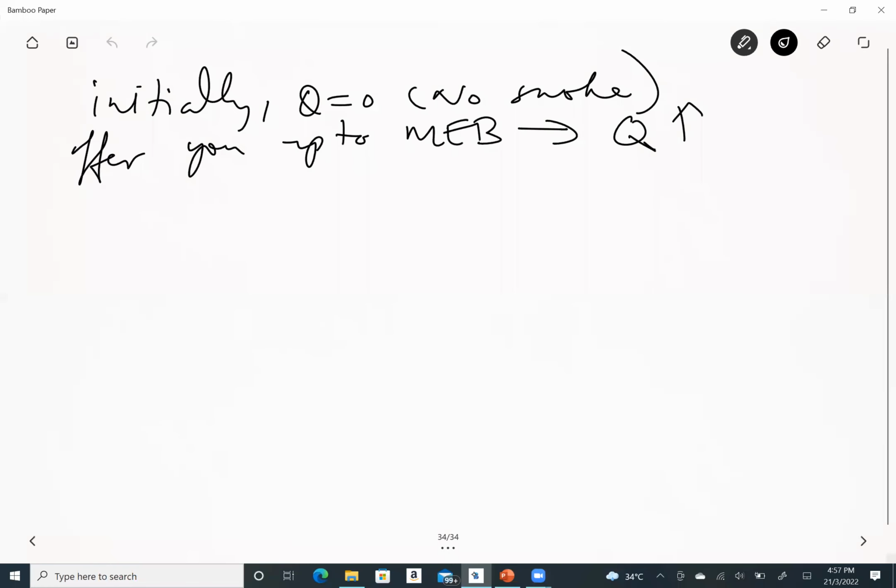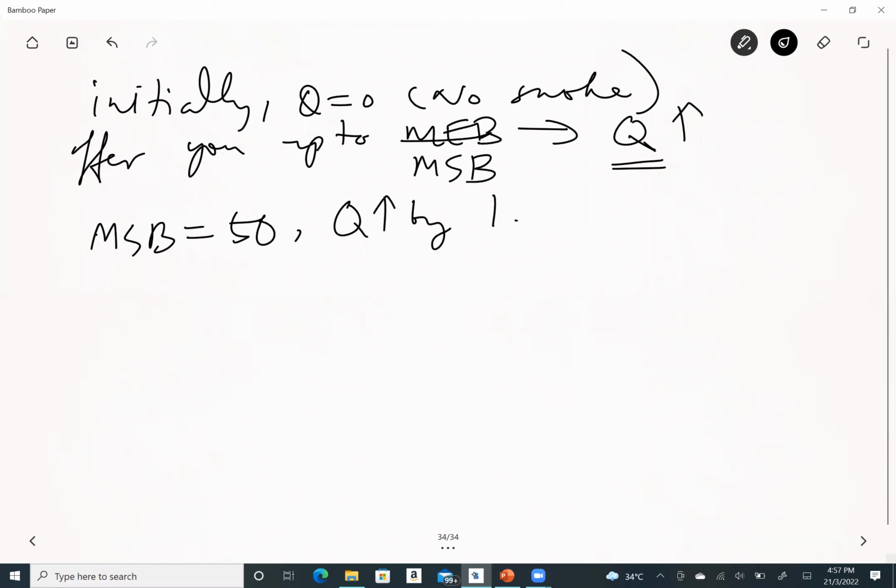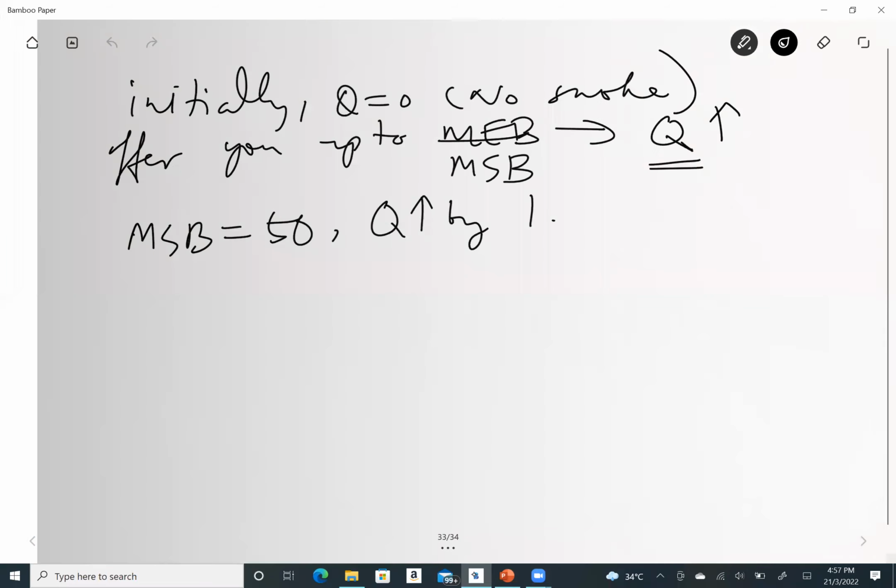So he's going to offer not MEB, but MSB, to have some cigarette to smoke. Okay, so he offers you MSB, say equal to 50, so that I can increase Q by 1 unit. So he smoked the first cigarette.